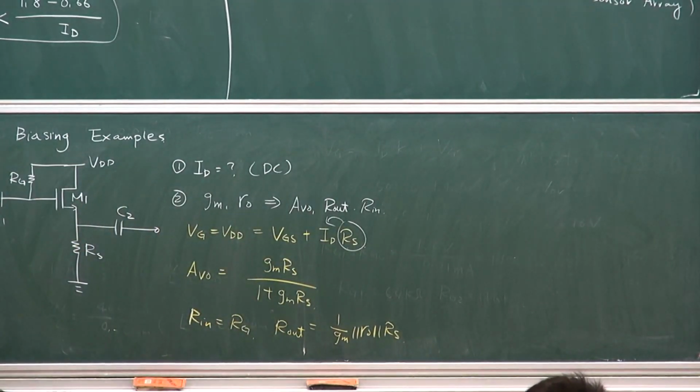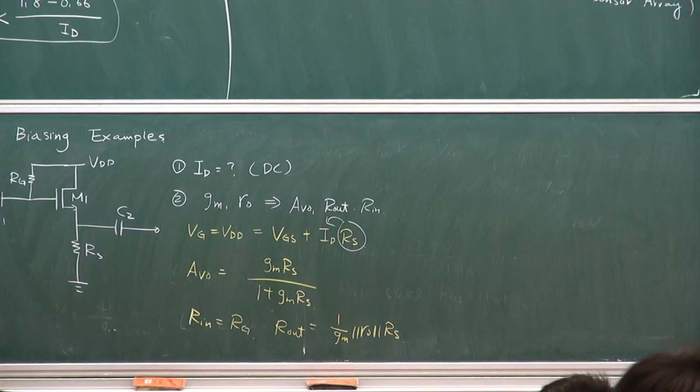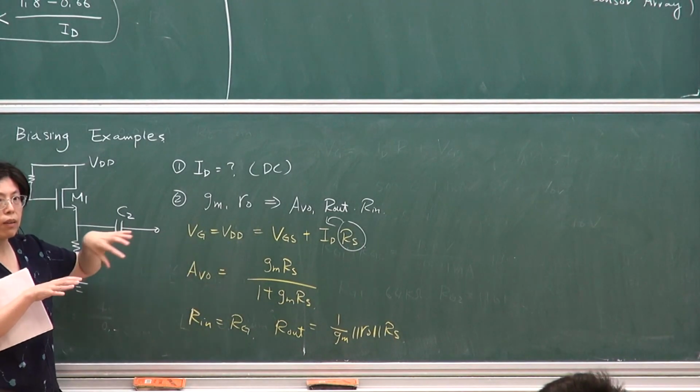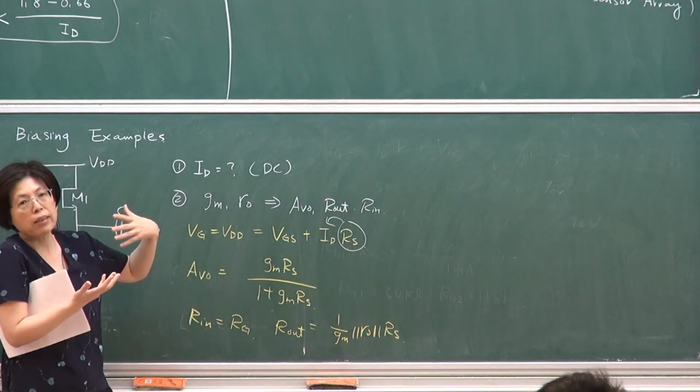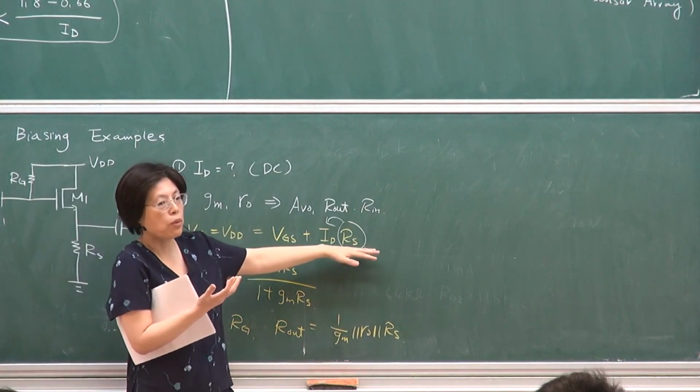So this is the same problem with designing your DC bias using a resistor system. The main problem with this type of system is that your AC behavior and DC behavior are intertwined, because you might determine this is the best place to stand, and therefore you determine your RS.